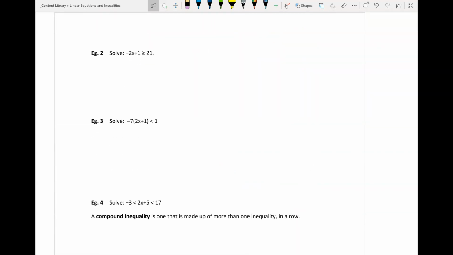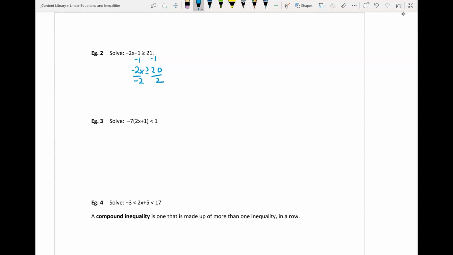For the next one, same sort of thing. We're going to subtract 1 on both sides to isolate our negative 2x. So 21 minus 1 is 20. Then to further isolate the x, I need to divide by negative 2.